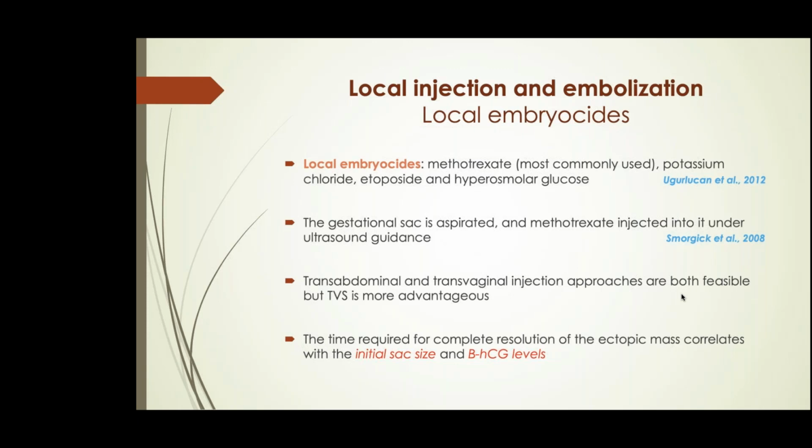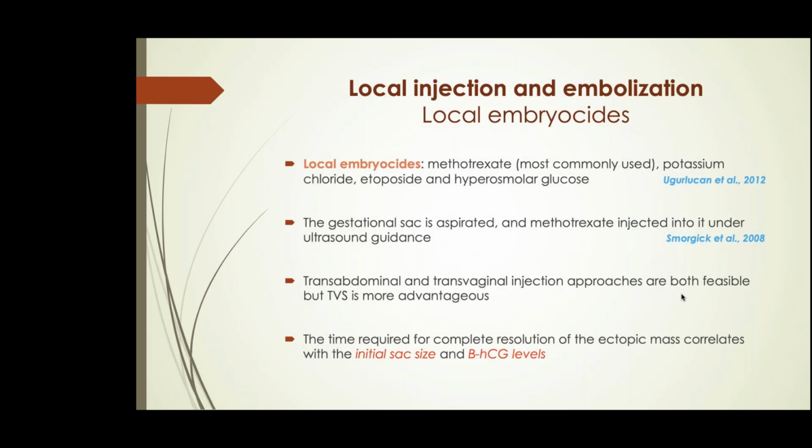Different treatment regimens have been used, like giving the full dose that you give intramuscularly inside the sac, and others have given only half the dose inside the sac and the other half intramuscularly. As I said, there are different treatment options and regimens that you can use.